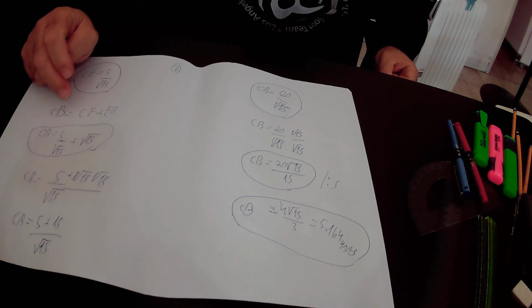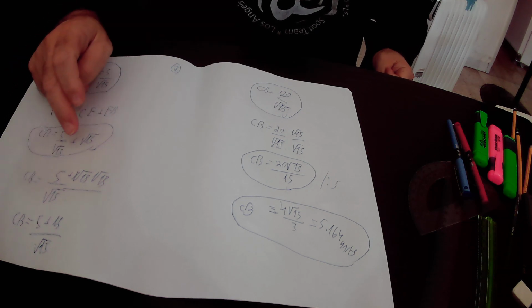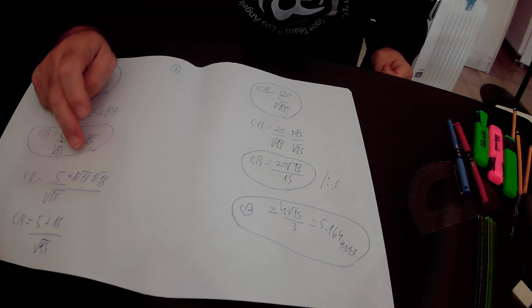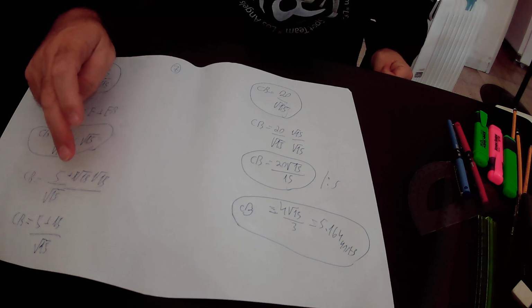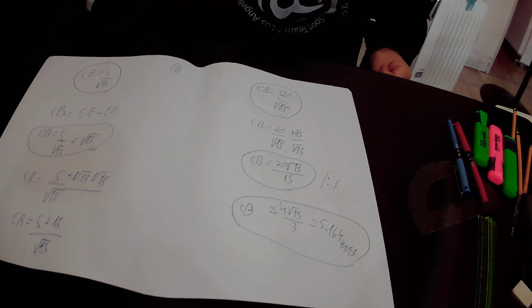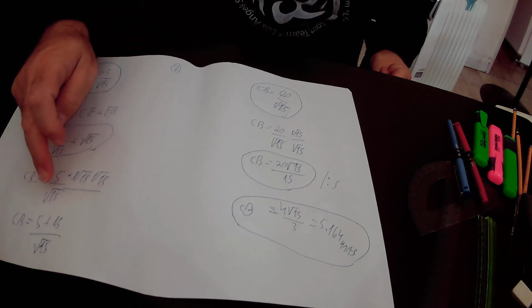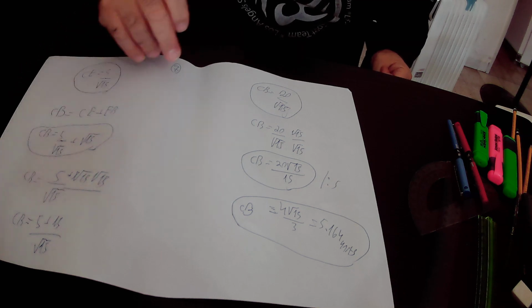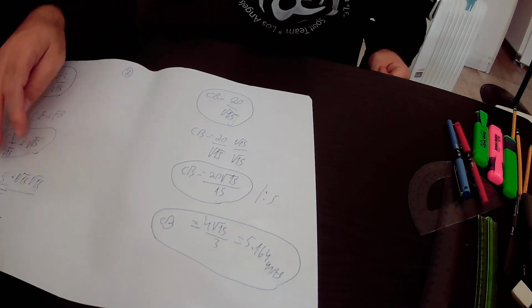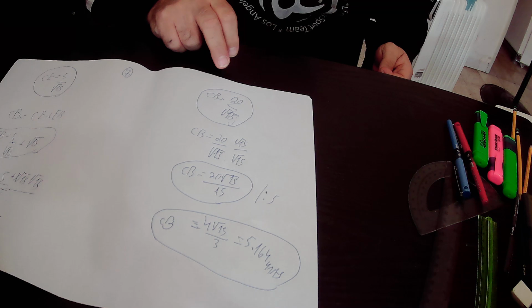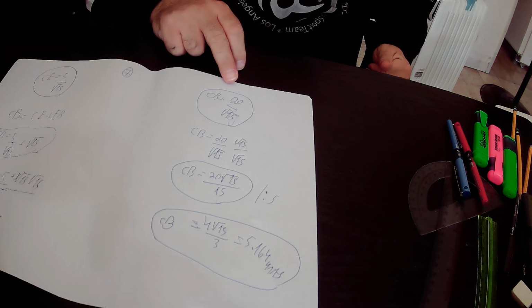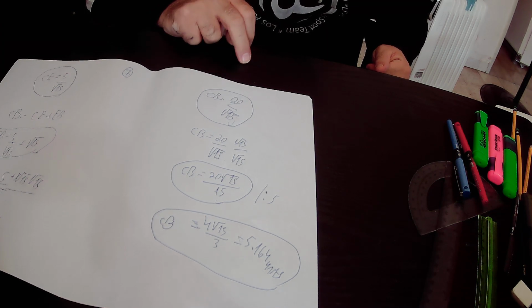So in conclusion, CB equals 5 plus square root of 15 times square root of 15, over square root of 15. In the numerator we have 5 plus square root of 15 times square root of 15, which is 15. So CB equals 5 plus 15 over square root of 15. 5 plus 15 is 20, so CB equals 20 over square root of 15.